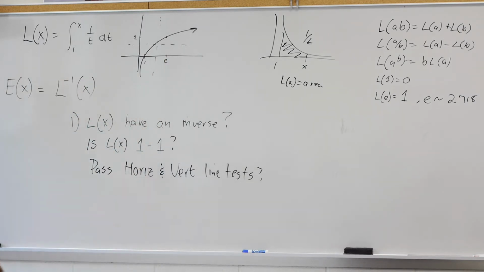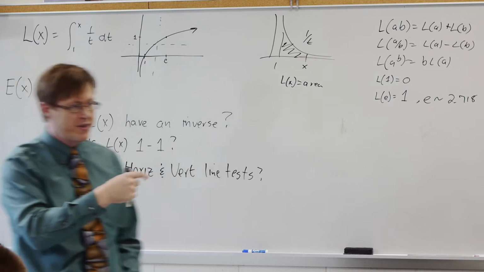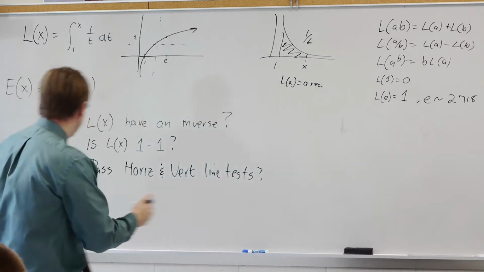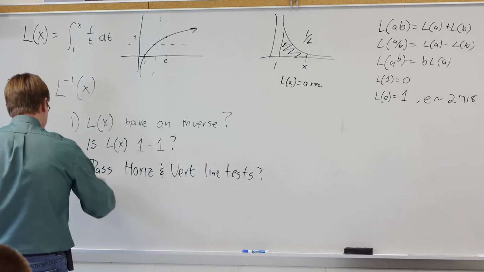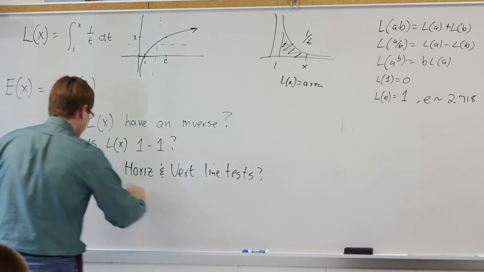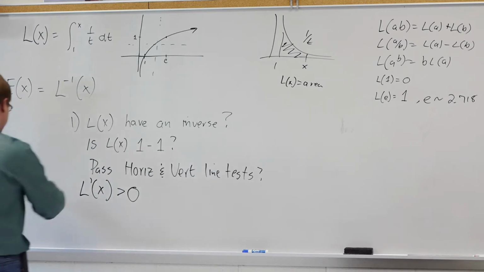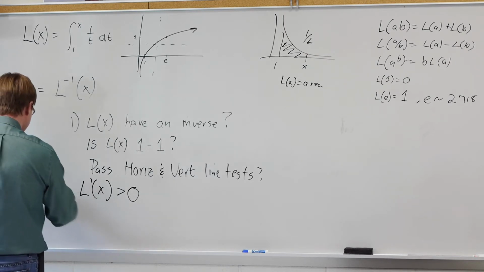Okay. But how do I know L of x is precisely one-to-one? Well, the way that I know is because I know that L is an increasing function. How do I know it's increasing? Because I proved last class that its derivative is always positive, right? So I'll say yes, this is true.